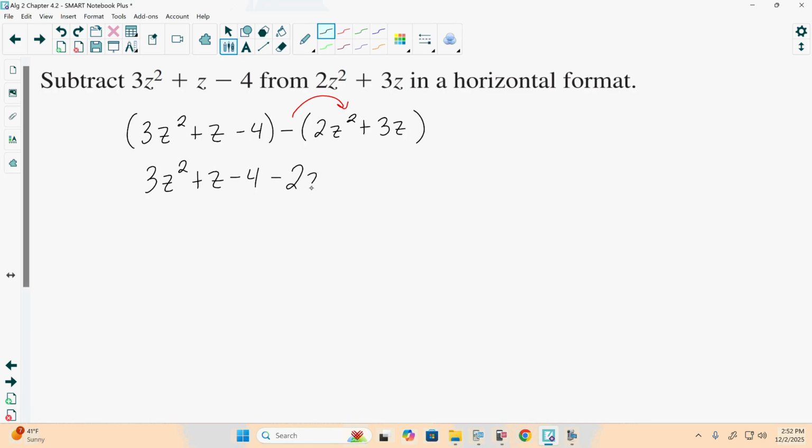So our positive 2z squared is going to become negative 2z squared. Our positive 3z is going to become negative 3z. And since we don't have a constant term, a term without a variable, in the second expression, we don't have to worry about it.